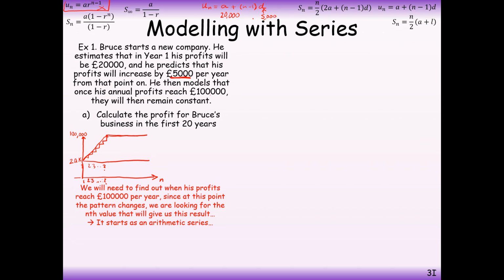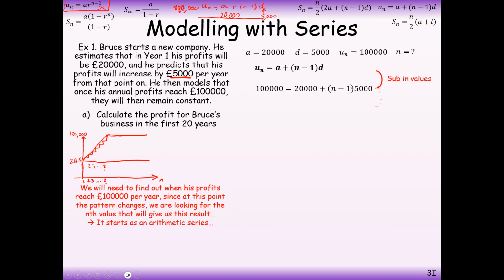We substitute these values into the equation, replacing u_n with 100,000, since that will be that year's profit, and solve for n. Once we've solved, we'll see that n is 17. So after the 17th year, his profit will be flat.